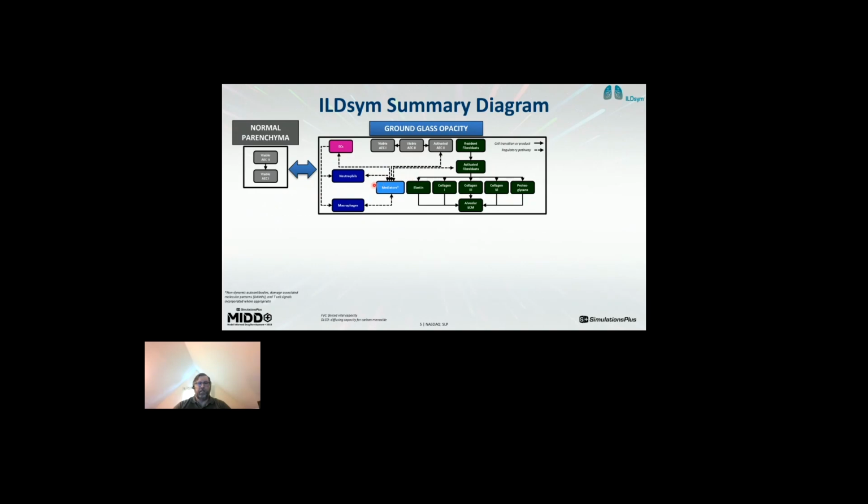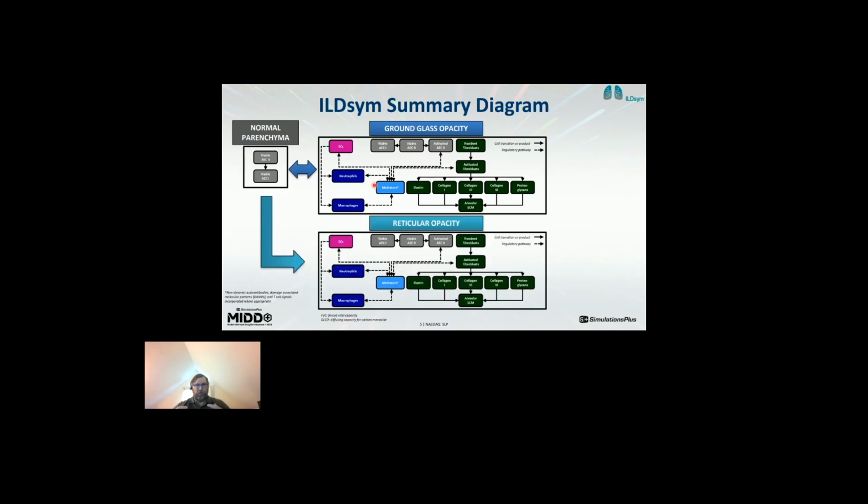So in terms of the mechanistic modeling, we're trying to capture all these interactions between cell types that ultimately allow us to model the ongoing pathophysiologic processes that will lead to a representation of clinical outputs. So I've built out this slide, but what I was trying to demonstrate here is that we also represent the reticular opacity.